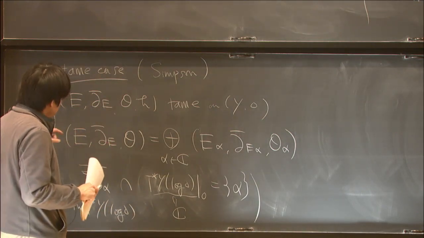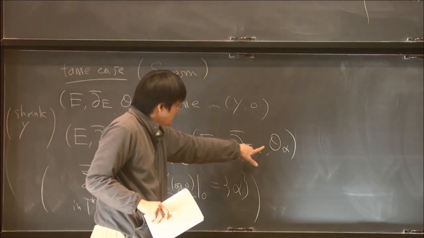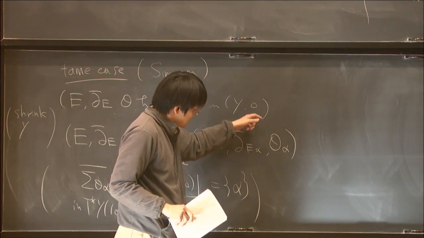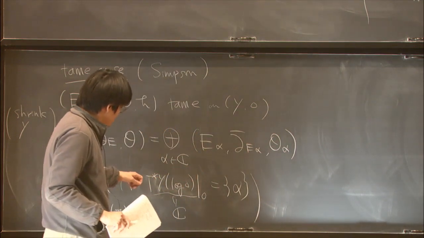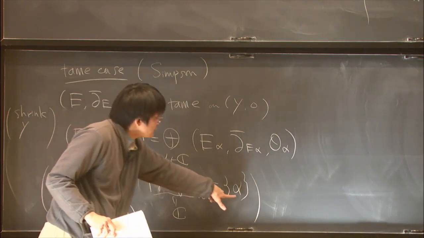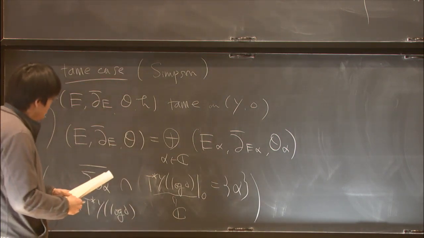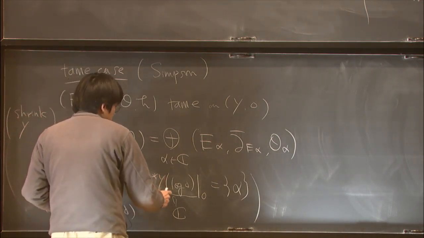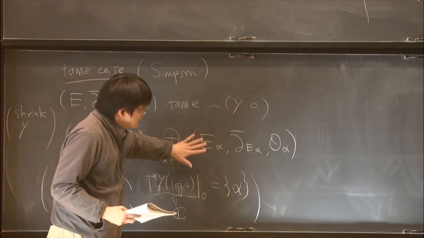So if we shrink Y, then we have the decomposition of the Higgs field such that the closure of the spectral variety of theta alpha intersects with the fiber over 0 at alpha. So in this way, first we have some set of complex numbers alpha such that E alpha is non-zero.